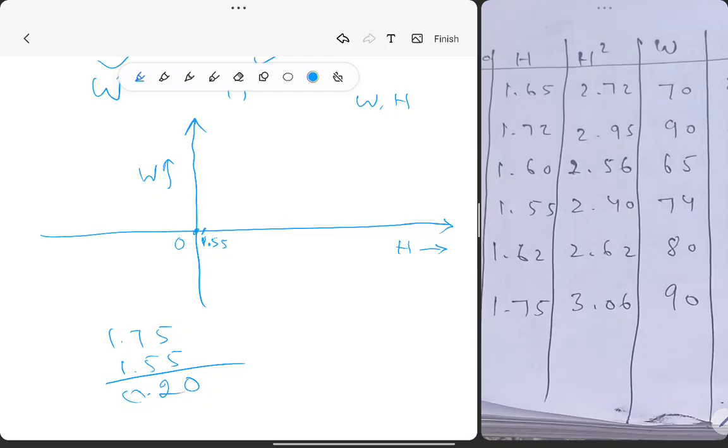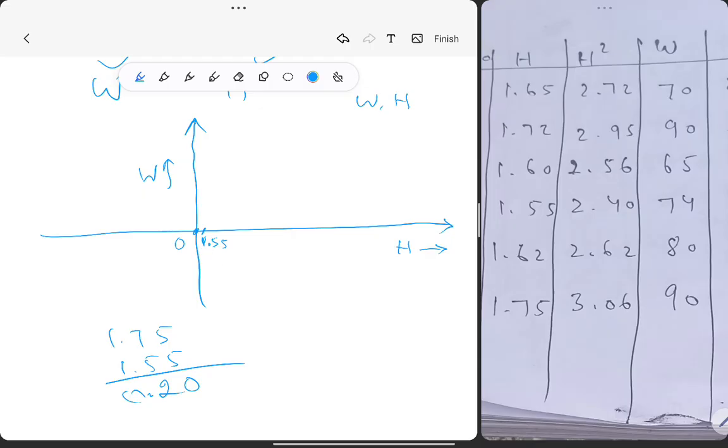That means 0.20, which is 20 steps. Now these 20 steps, I will not draw all the 20. I will divide it into steps of 5. One step equals 5. What does that mean?